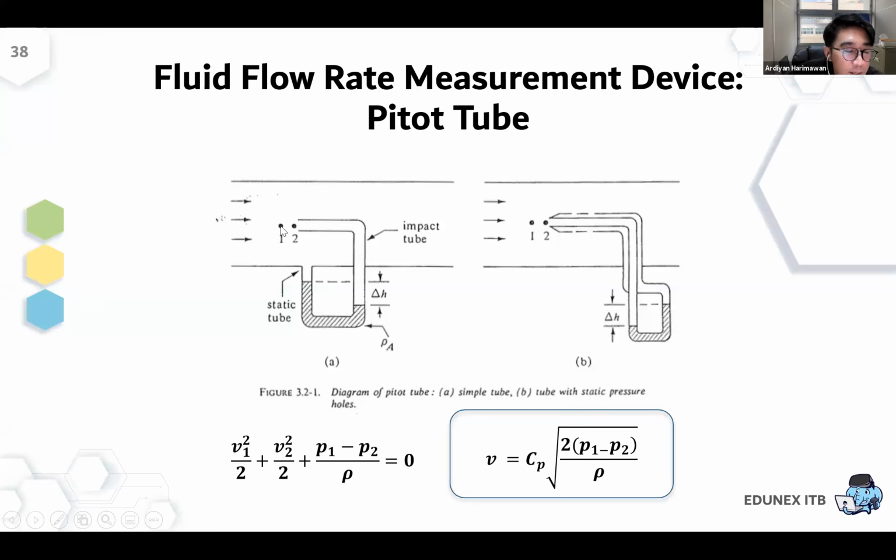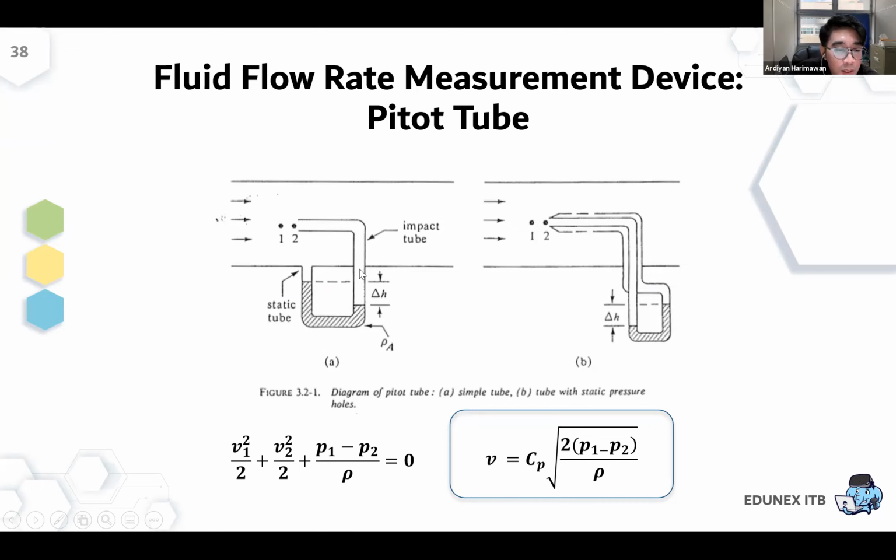And then point 2 is where the air flows into the pitot tube and comes in contact with the manometer inside, which contains a certain type of fluid.